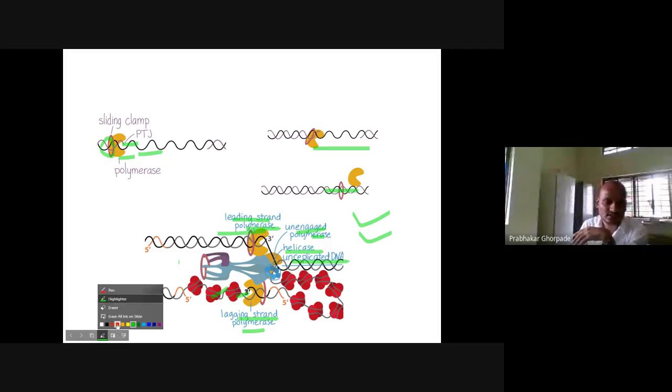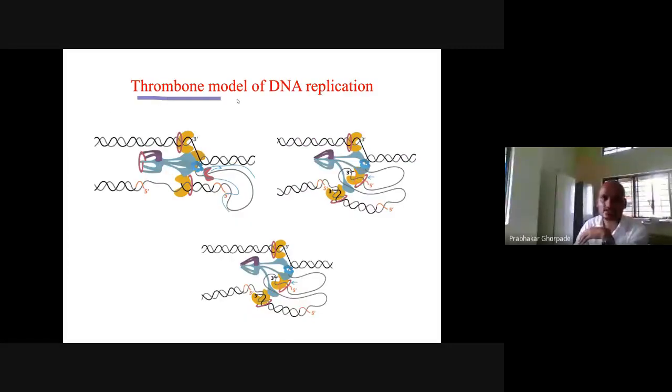We don't have a single polymerase. So this one is there, this one is there, and behind here one is there. This structure we call the trombone model of DNA replication.